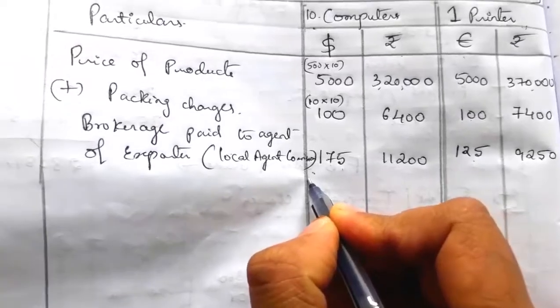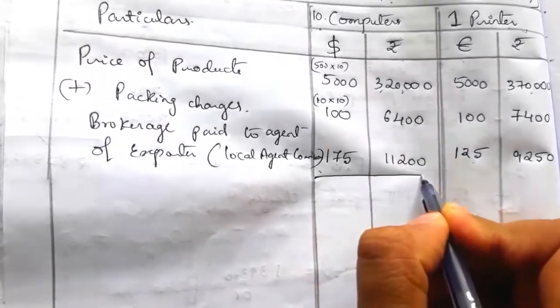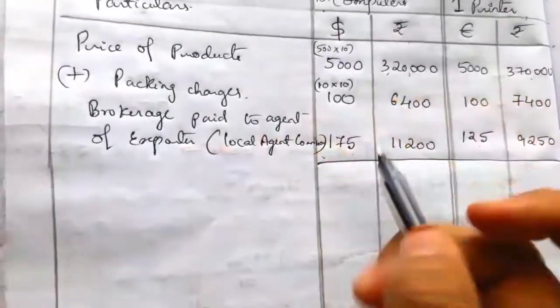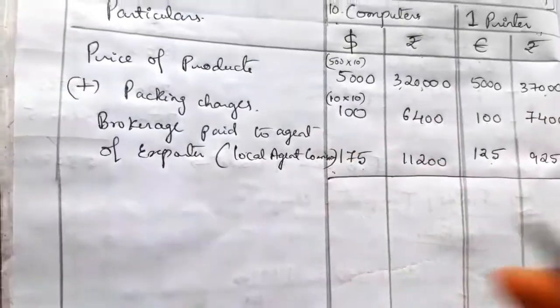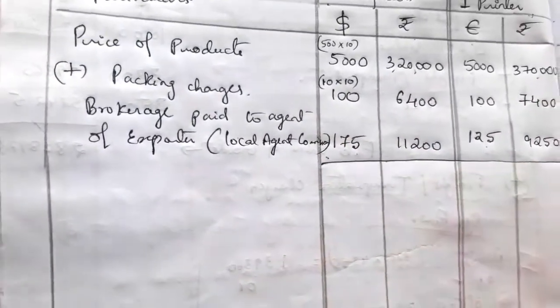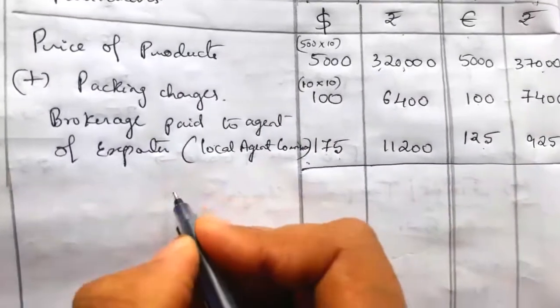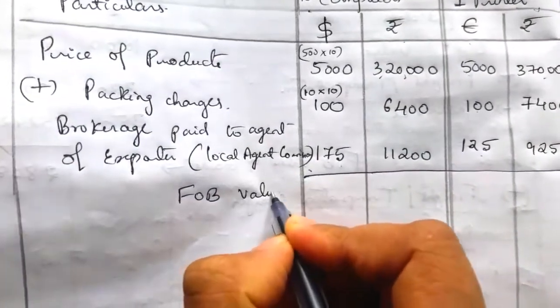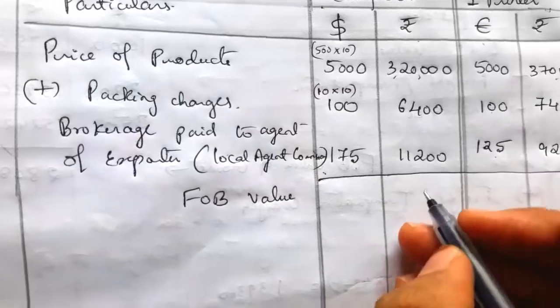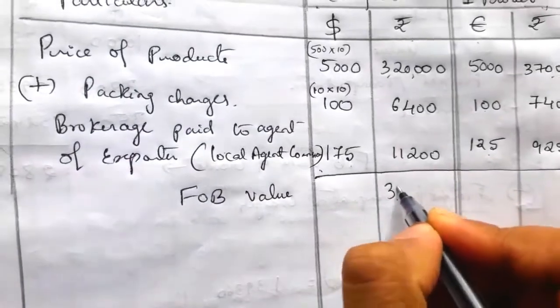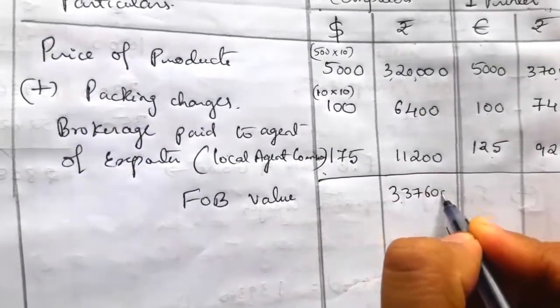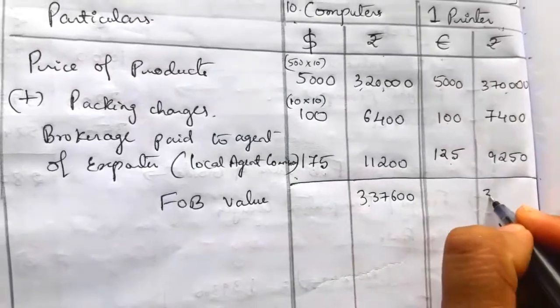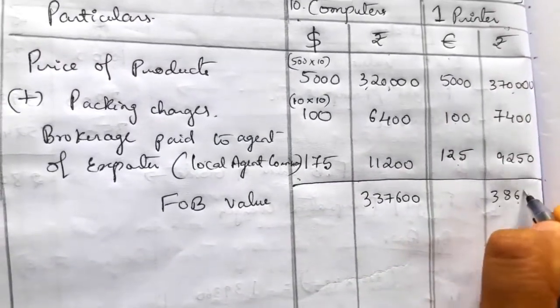We have to calculate the FOB now. So here all the values are there. If you want, you can total here also. So the FOB equal to FOB value, rupee column 3,37,600, 3,86,650.